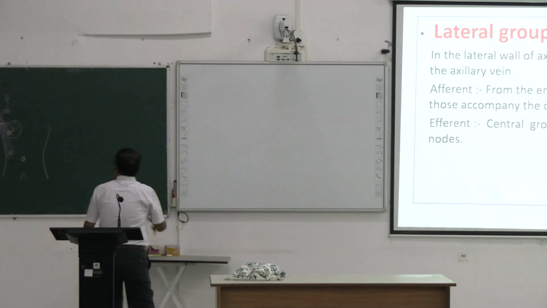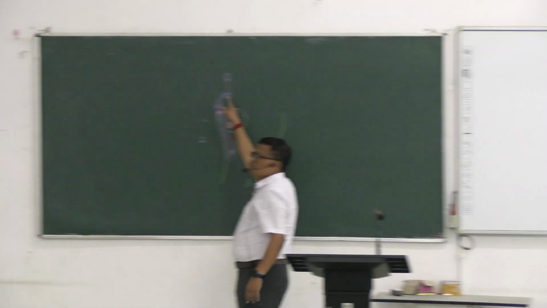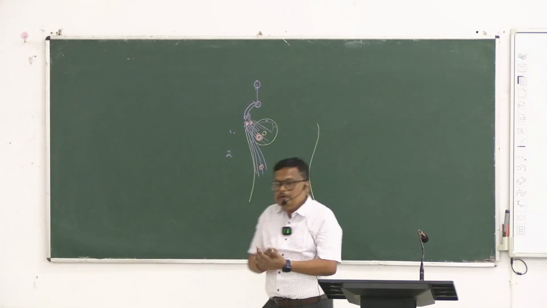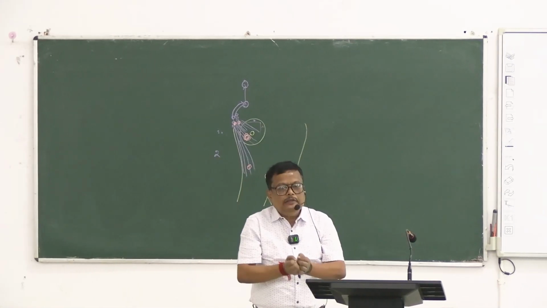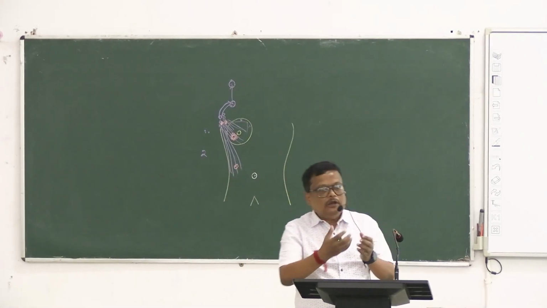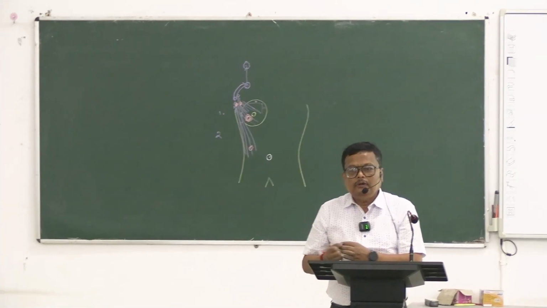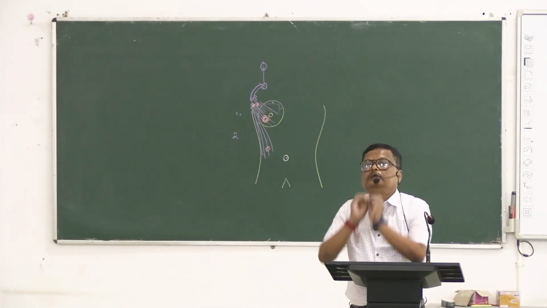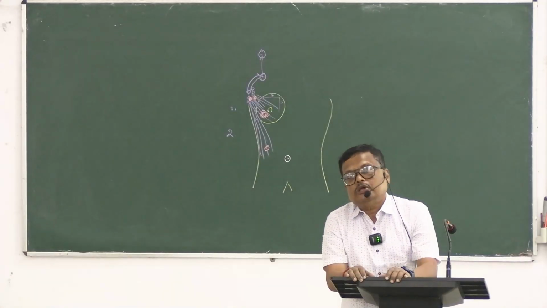Efferents again go to the central group. So the anterior, lateral and posterior groups receive the lymph from their draining areas and ultimately send it to the central group.